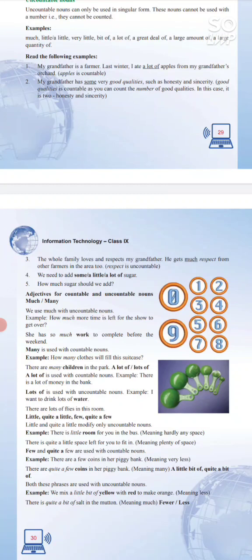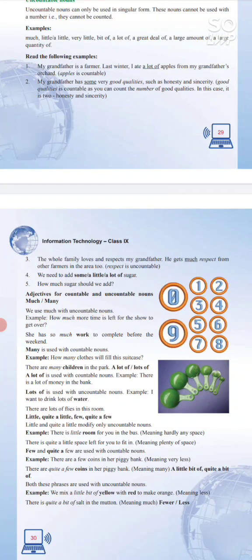Like in the previous sentence, we studied how much sugar we add. Sugar is uncountable, so much is used here. Example, how much more time is left for the show to get over. She has so much work to complete before the weekend. Here, time and work are uncountable, so much is used before these words.